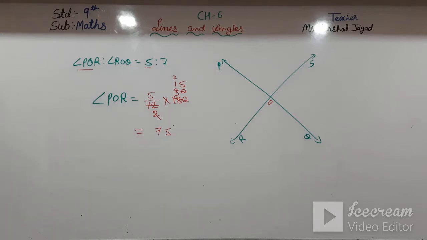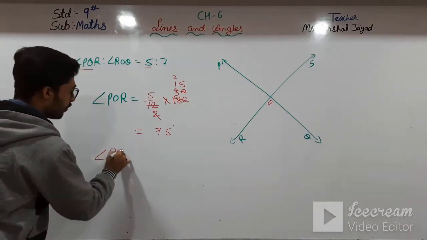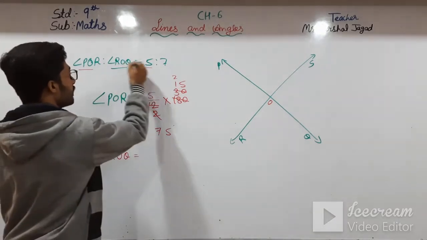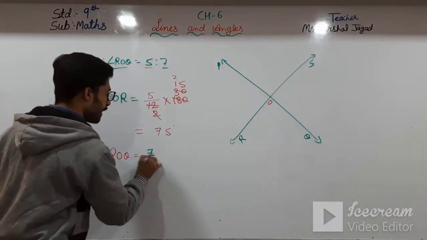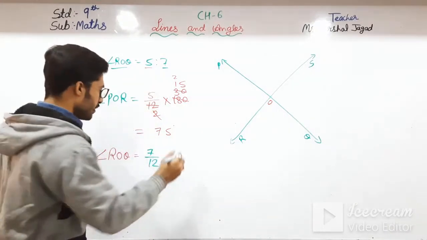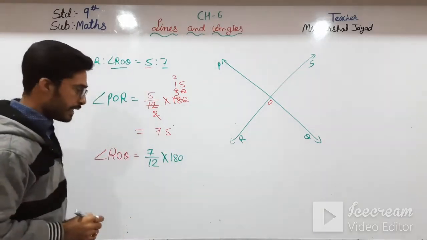Okay, now next is angle ROQ is equal to, here it is 7, so 7/12. How did 12 come? 5 plus 7, 12. So here into 180 degree.